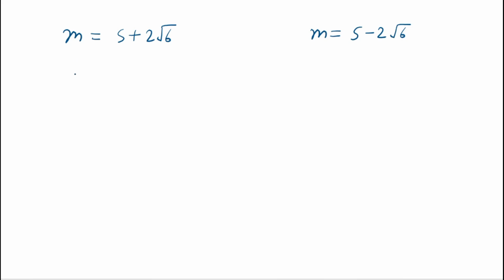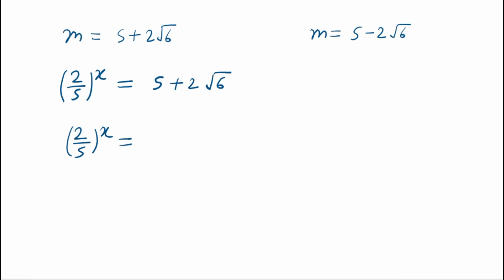We know that the value of m is (2/5) to the power x, and this is equal to 5 plus 2 times square root of 6. Then on the left-hand side (2/5)^x is equal to 5 plus 2 times square root of 6.